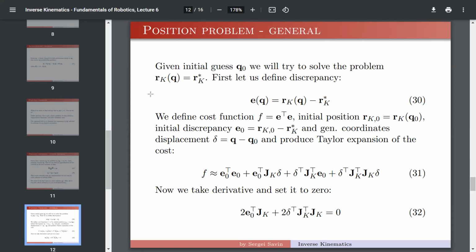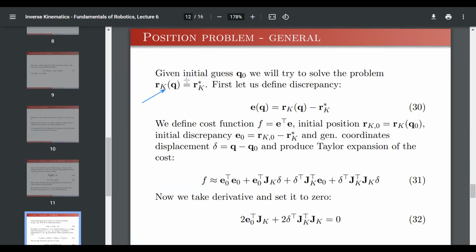Now we have to solve the problem R of q is equal to R star. So let's just dive in and try to solve it. So first we define discrepancy, the error or residual, something like this.